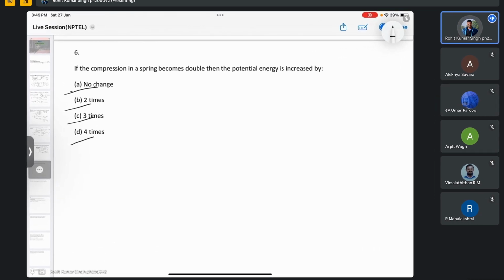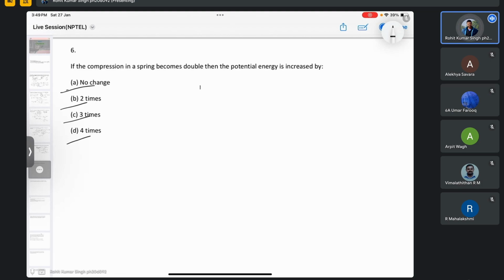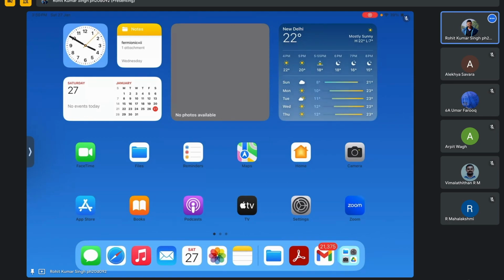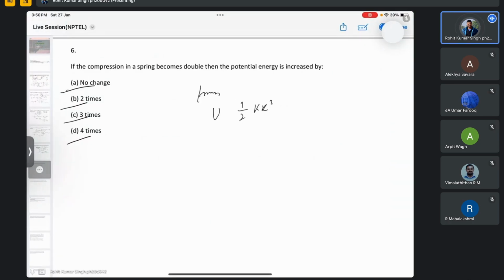Yeah, because you see, it's very simple, right? What is the potential energy stored in a spring? It is half kx square, right? And if the compression, which is given by x, gets doubled, then it's 2x square.